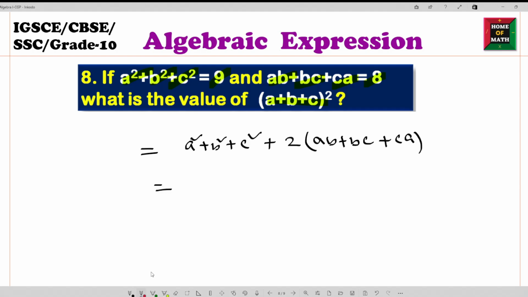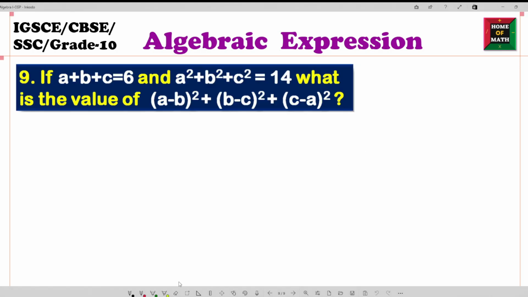Just put in the values: a² + b² + c² is 9, plus 2 times (ab + bc + ca), which is 8. So 9 plus 16, the answer is 25. This is very simple math. Okay, number 8 done.